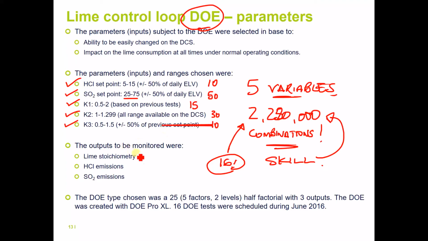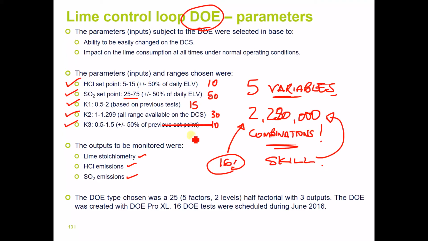And by the way, something that's really important about this test, we are looking for the sweet spot. Look, we've got lime stoichiometry, we've got HCl emissions and SO2 emissions. So yes, we've got to get the ratio of lime usage to lime needed to be right, but also, of course, we've got to keep the emissions in the right place.